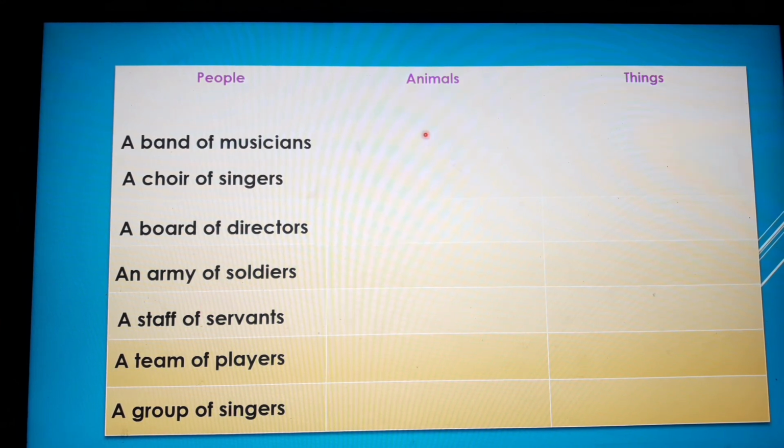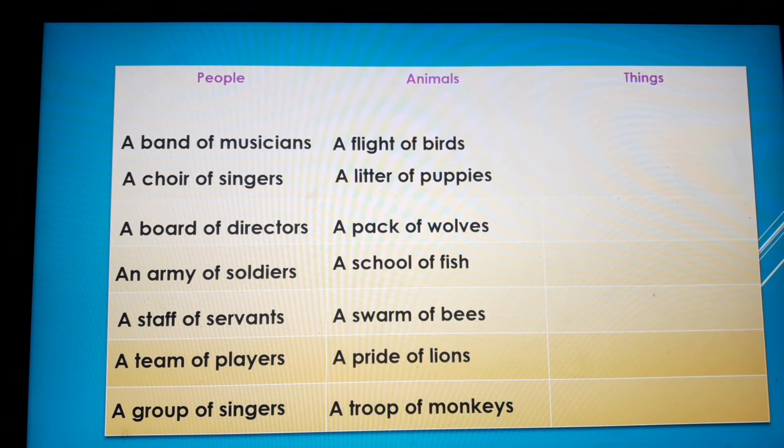Now we'll see the animals. Yes, first one, a flight of birds. Flight, for the birds, the collective noun is flight of birds. Next one, a litter of puppies, litter.